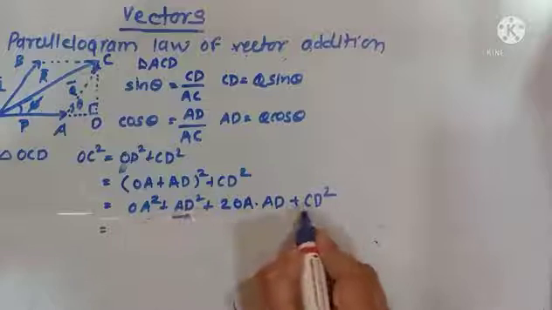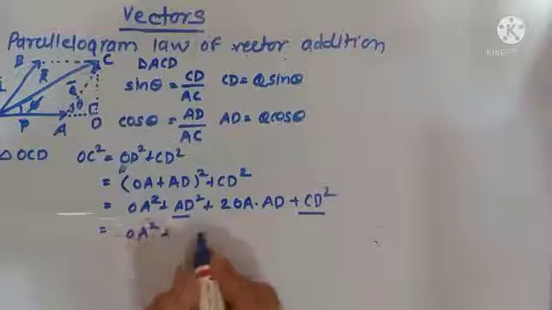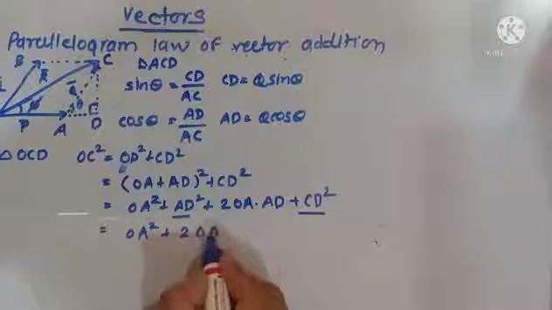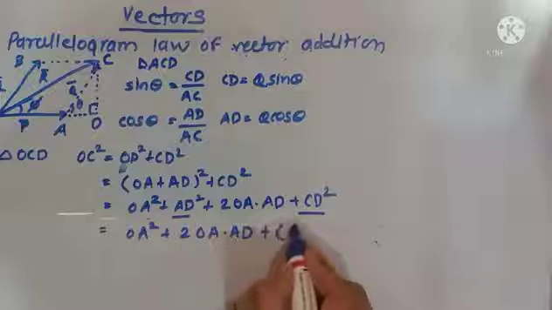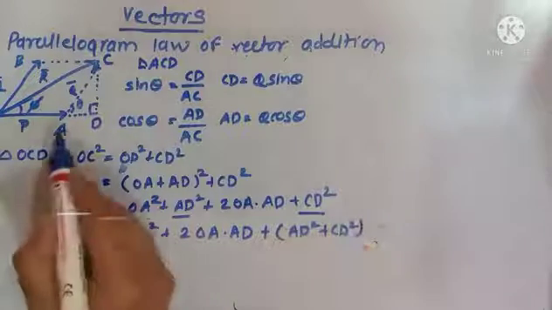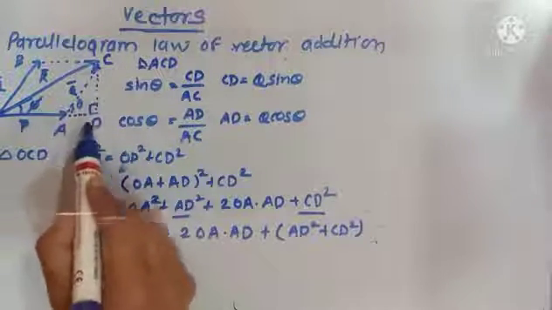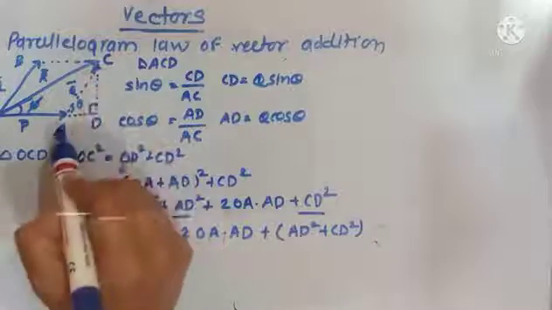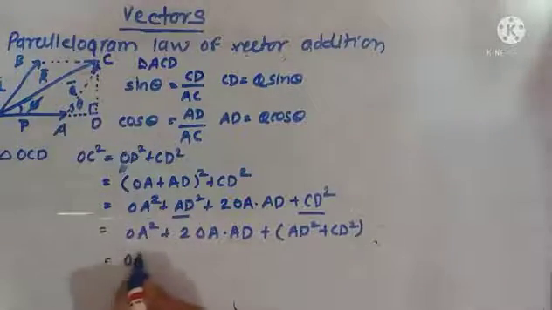Now let us add these terms. OA square remains as it is, plus 2 OA into AD remains as it is, plus AD square plus CD square. And from triangle ADC, we can see that AD square plus CD square is nothing but AC square according to the Pythagoras theorem.